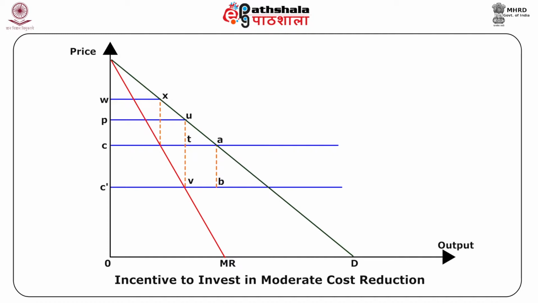Therefore, total royalty is equal to area CA/BC dash. The monopolized industry, in contrast to the competitive industry, sets MR equal to C dash after the invention, giving profits equal to area PU/VC dash. The incentive to invent is PU/VC dash minus WXYC as before. The incentive to innovate is less under monopoly.